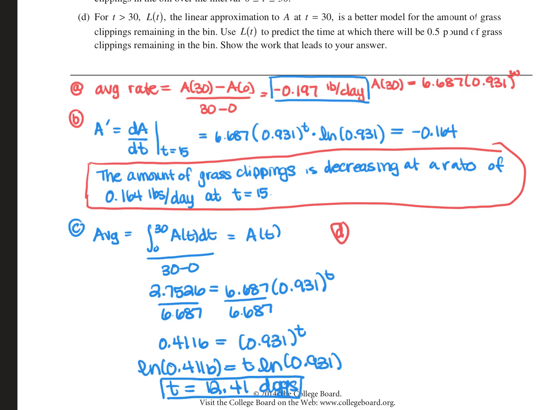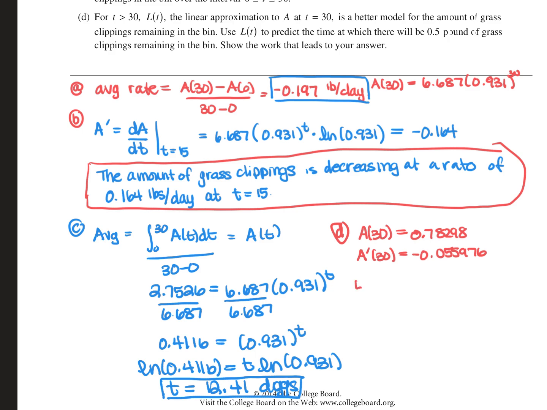First, looking at how much there is at time 30, you're going to look at A of 30, and that works out to be 0.78298. And then we're also going to look for the derivative at 30. Both of those can be found in your calculator, just a quick calculation. So now we're going to do our linear approximation.